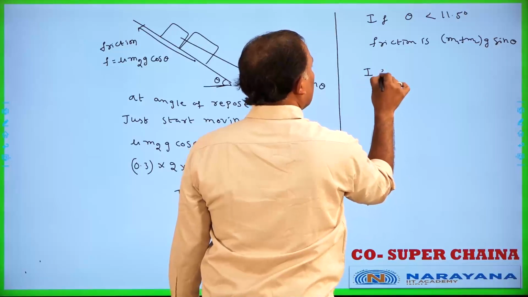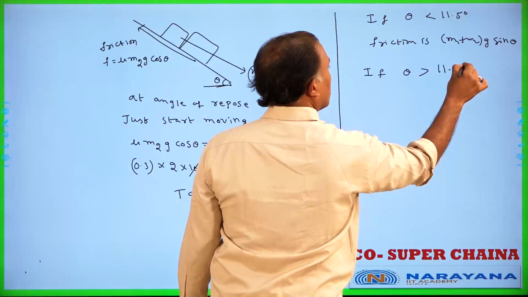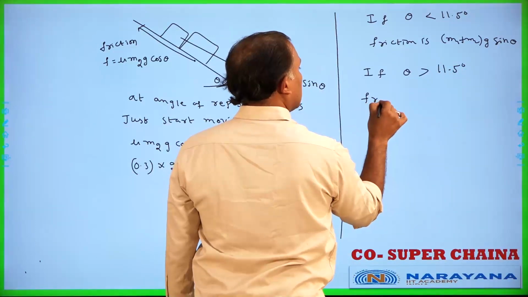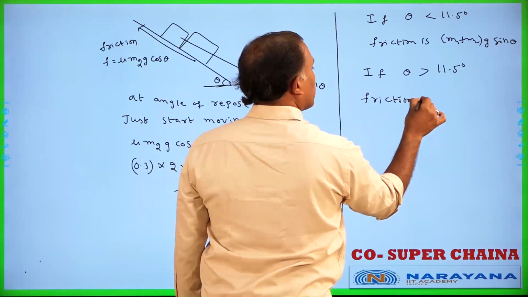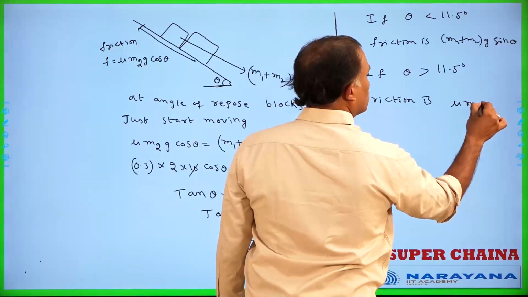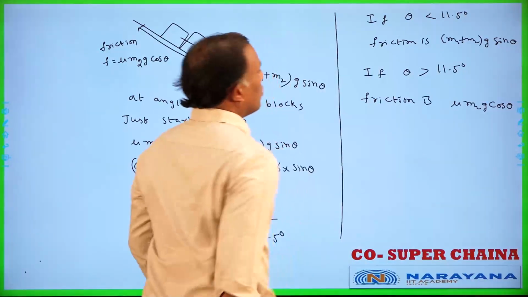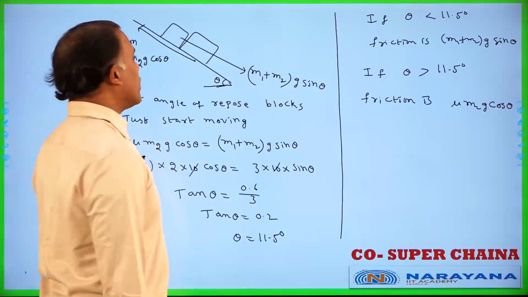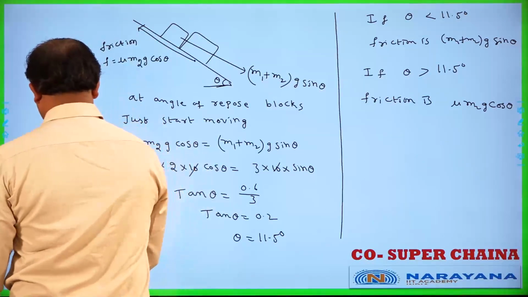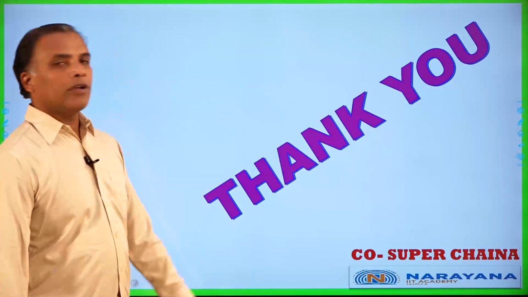If theta is greater than 11.5, friction is mu M2 g cos theta. So by taking the values, you can get the required answer. So that is about that question. Yes, thank you so much. That's all about this.